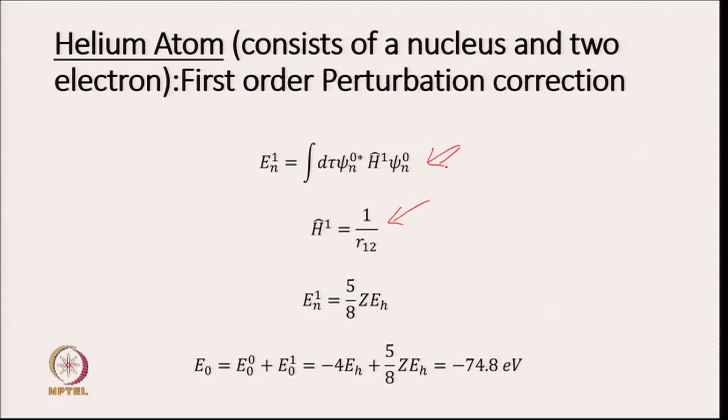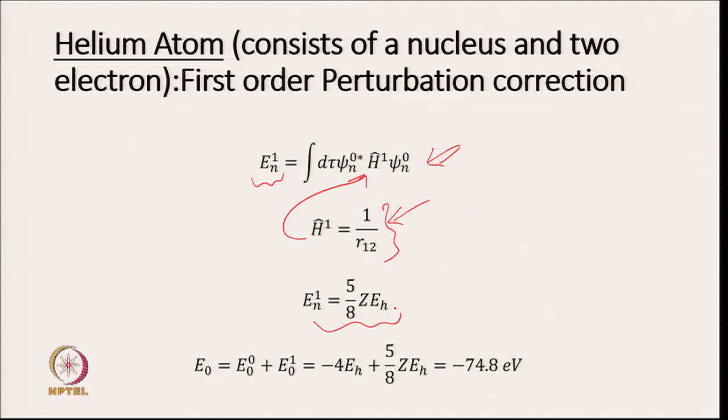If you solve this integral, you are going to get what is known as the first order perturbation. Here you see this is your potential energy, written in atomic units. It means we have removed the constant terms, and if you plug in here and then integrate this, you are going to get E n 1.